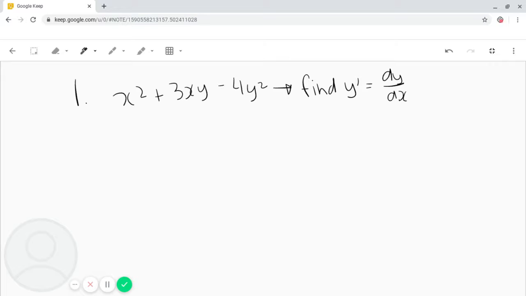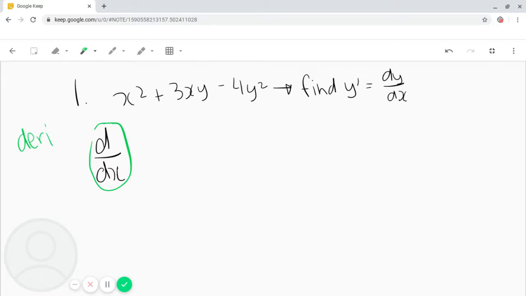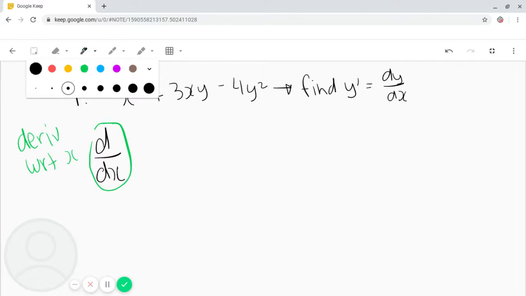So we're going to use implicit differentiation. So what we want to do is differentiate both sides with respect to x. So d over dx, and I just want to highlight this as the derivative with respect to x. So that'll come into effect a little bit later.